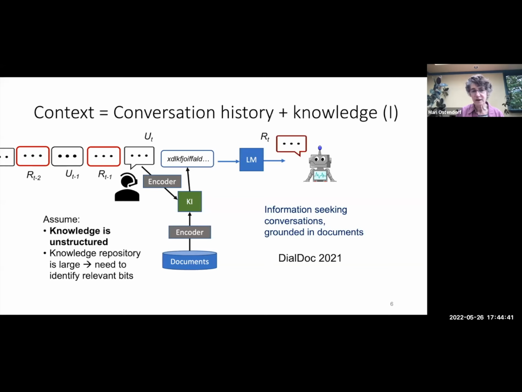And I'm coming from the perspective that unstructured knowledge, if it's really useful, is going to be large. And so you're going to have to select knowledge from that to effectively be able to put it in this language model prompt, because that can't be huge. So you're going to encode that big history and encode documents and pull that together to select what might be the most relevant pieces of knowledge to incorporate when you're doing the response.